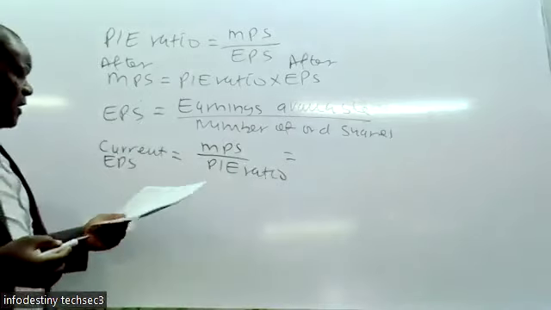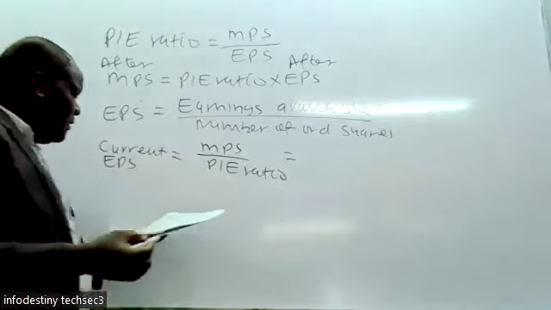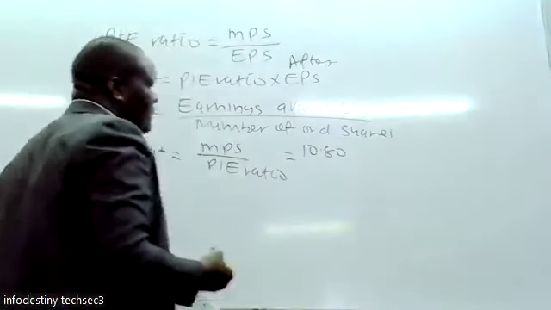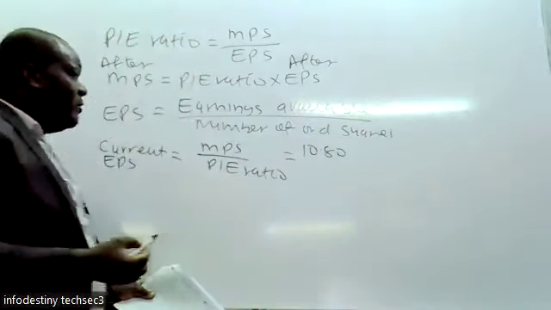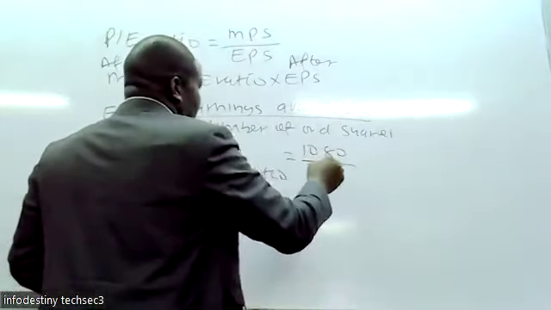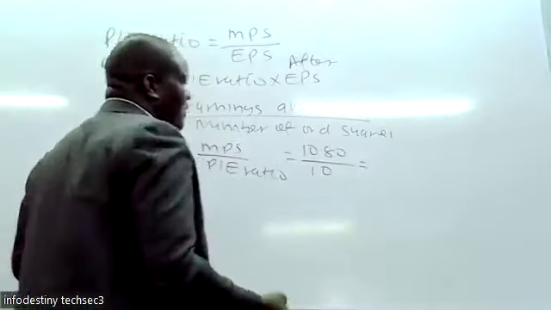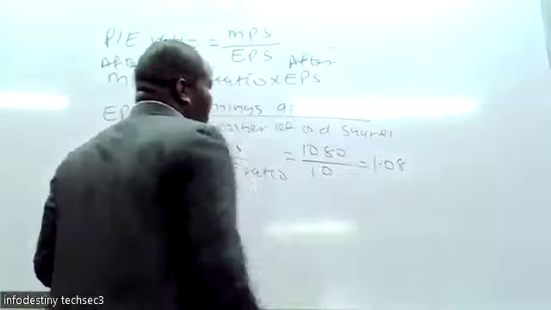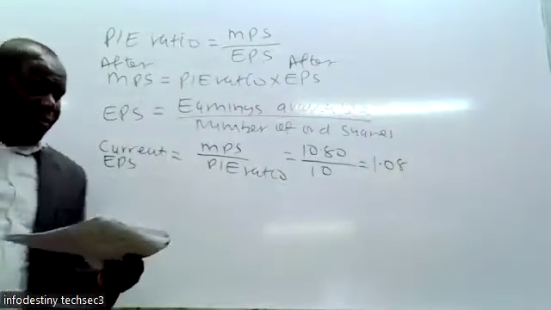Our current market price per share is 10.80, and the price earning ratio is 10. That should give you 1.08.